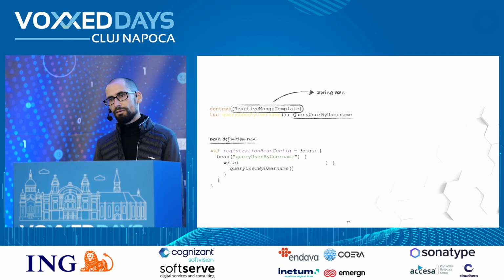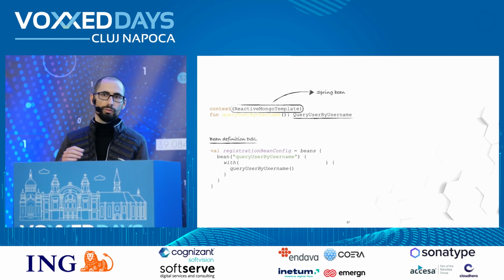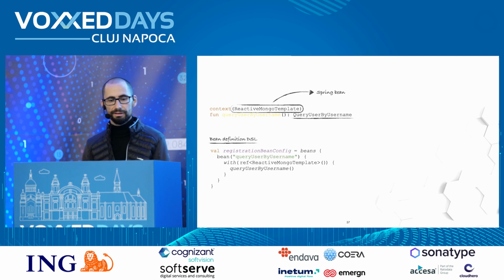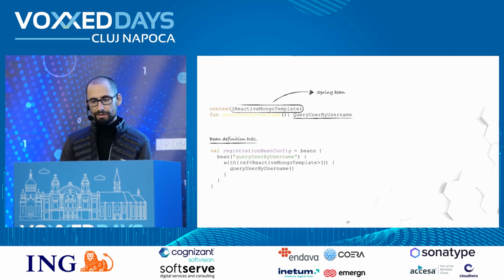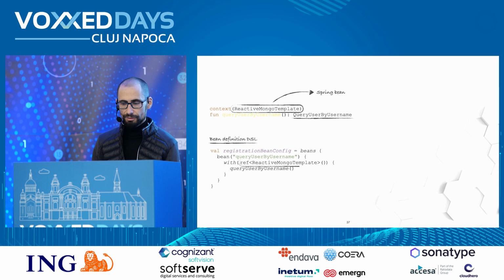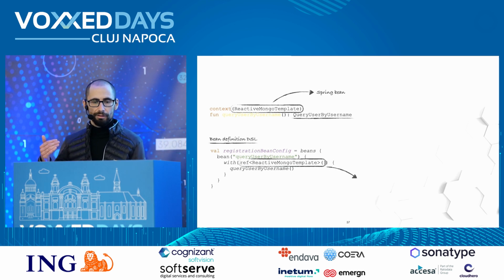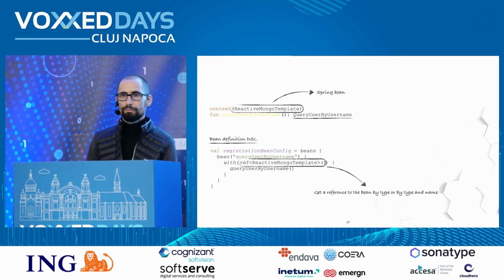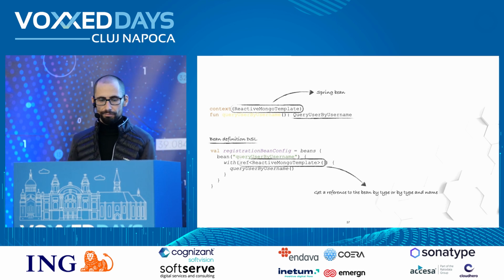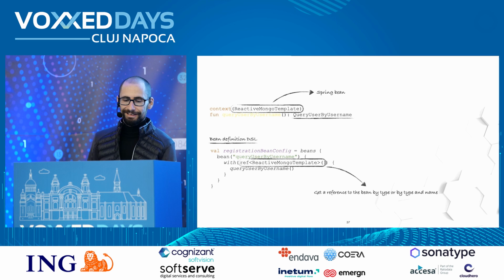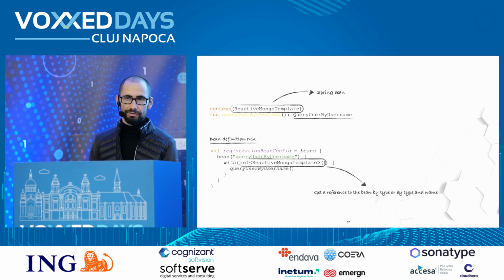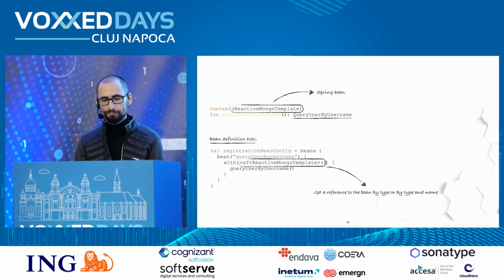However, remember we need the scope to bring into context the Mongo template. This is possible because in Spring there is a ref function. What it actually does is get a reference to that bean by type or by name or by both. So you can use a ref inside the bean DSL to get a reference to an existing Spring Bean.